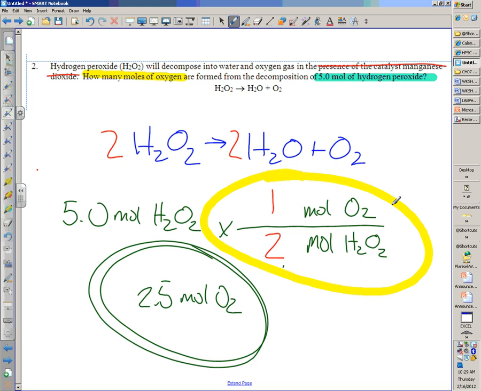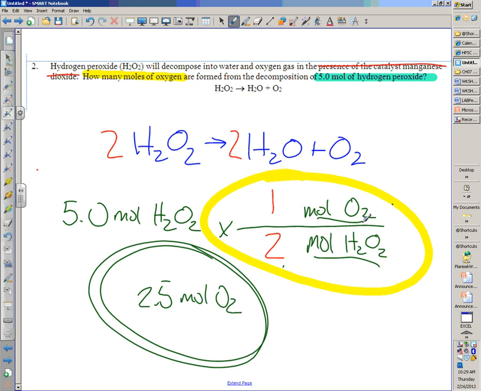How do you explain why the numbers that you use in the fraction, like the coefficients, how do you know which coefficient to use? Okay. Well, you're going to use the coefficient that shows up in front of that formula that you're trying to convert from, right? Like if I'm trying to convert from moles of hydrogen peroxide to moles of oxygen, I have to look at the ratio between hydrogen peroxide and oxygen. The coefficients in the balanced equation tell me the ratio.